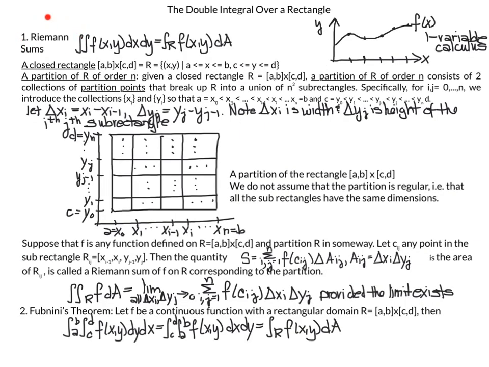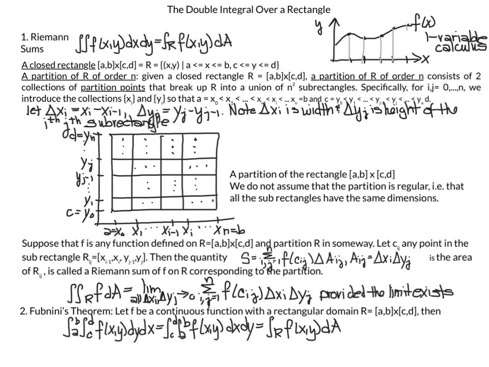We're going to look at Riemann sums for these double integrals, and first I want to remind you what they were like in one variable calculus. So you had this function f of x, and then you had your x, and you could divide up your x into subintervals.